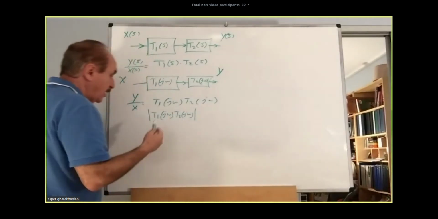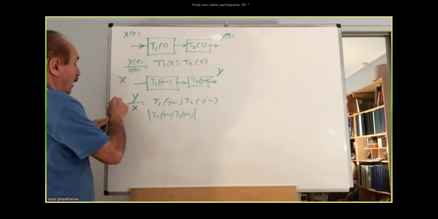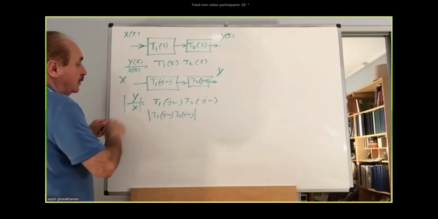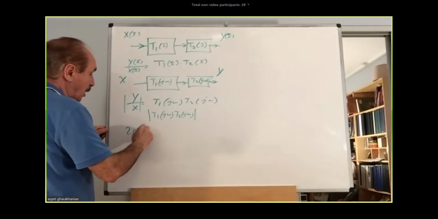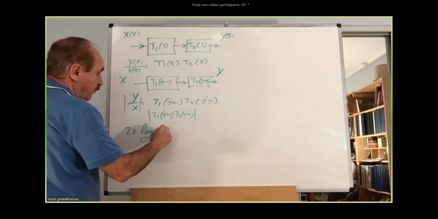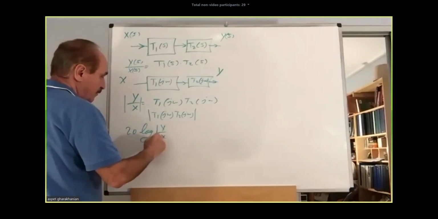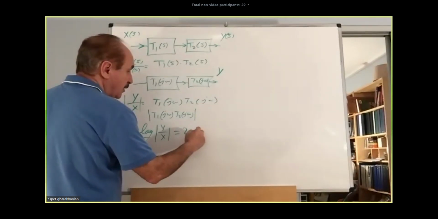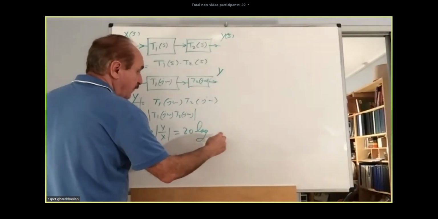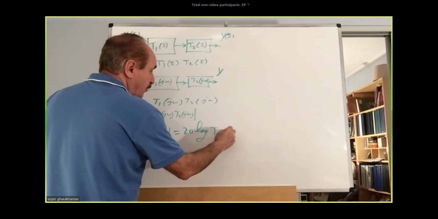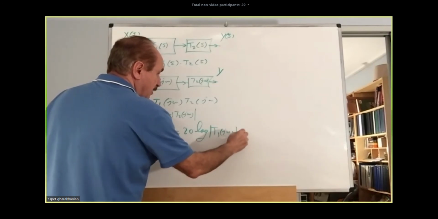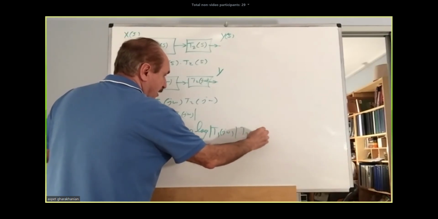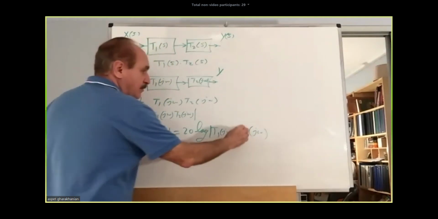However, if you look at the 20 log of y over x, this will be equal to 20 log of T1 j omega, T2 j omega. Okay.